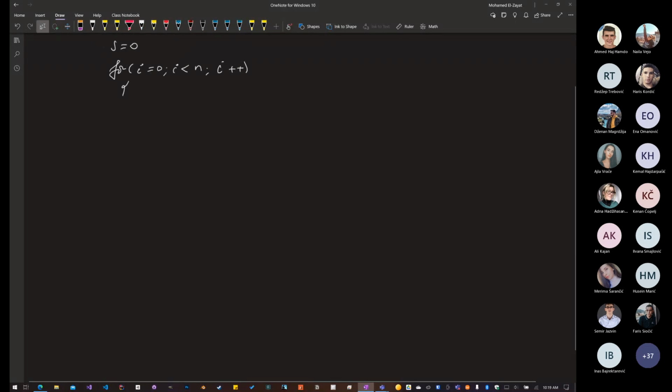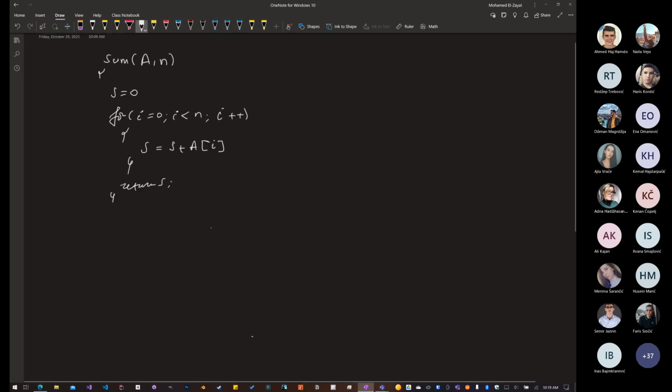And then we have s equals s plus a of i, and close this, and then we simply return s, and we close the whole thing, okay?